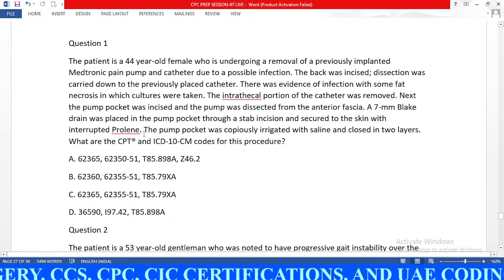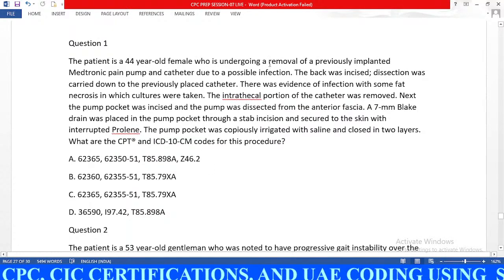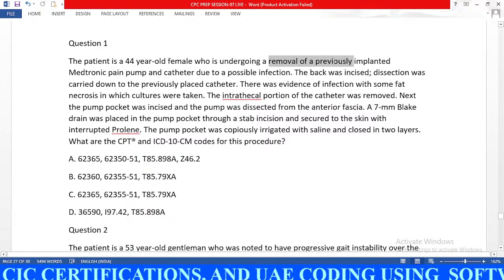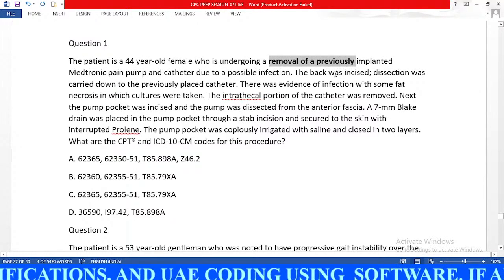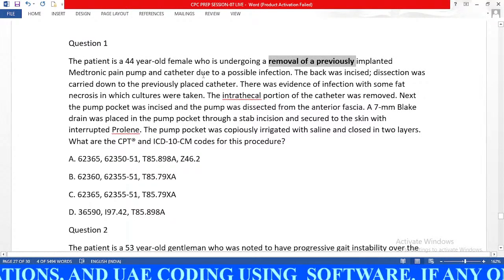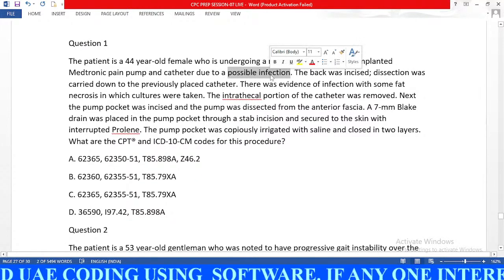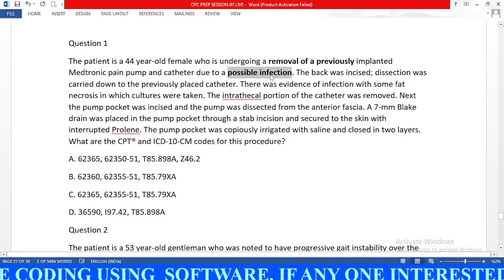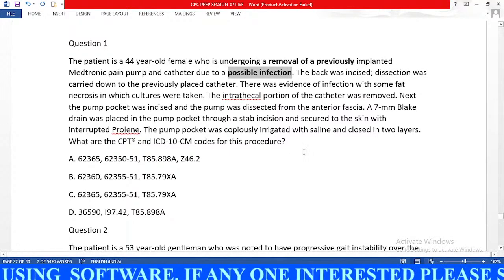So guys, first of all, here we need to identify the keywords. Here removal is the first keyword. The patient is coming for removal of a previously implanted Medtronic pump and catheter due to possible infection. So due to infection, the physician is going to remove that implanted Medtronic pump.